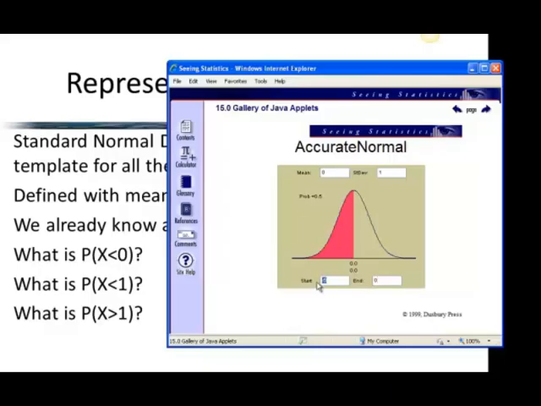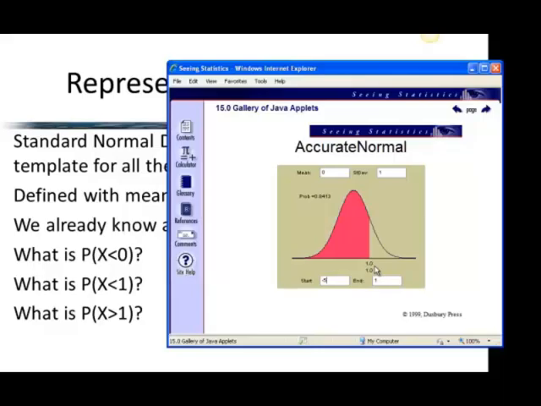Well, supposing I go from minus 1 to plus 1, and I'll show this here, and this is the area we're talking about, between minus 1 and plus 1. We said this was 68% roughly. Okay, well, what we're asking in this problem, though, is not the probability of being between minus 1 and plus 1, but being less than minus 1. Sorry, less than plus 1.